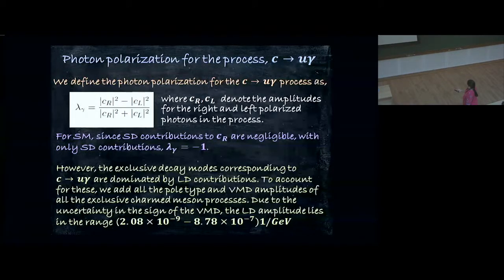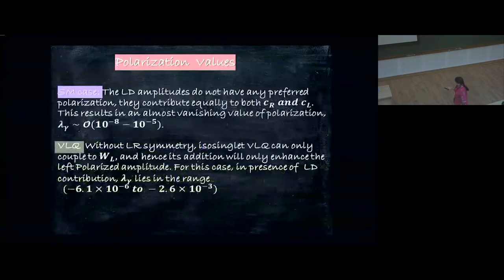Okay, this is just the number that we have here for the long-distance amplitudes. Now, as far as the polarization goes, for the standard model case, as I said, this results in a photon polarization of the order of 10 to the minus 8 to 10 to the minus 5, so almost 0.